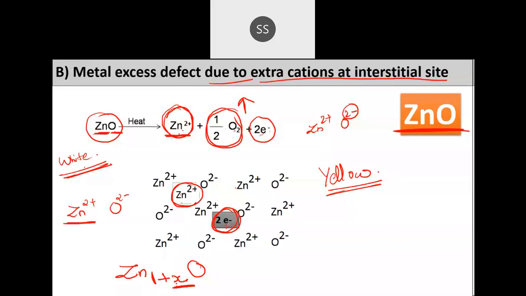Originally zinc oxide is white in color, now it shows yellow color. That's because of the presence of these unpaired electrons. If you count the ratio now, you will find zinc ions are more in number than oxygen. So it is called metal excess defect due to extra cation at interstitial site.